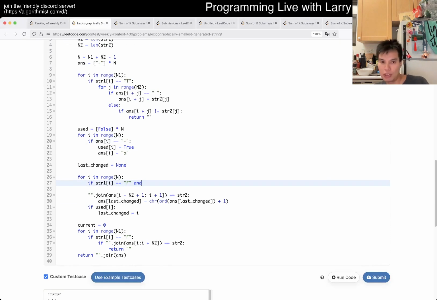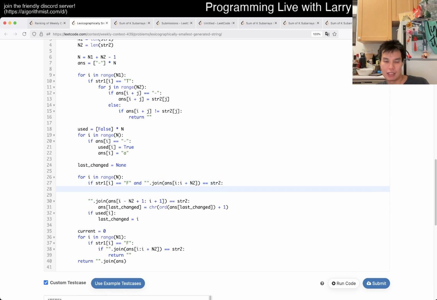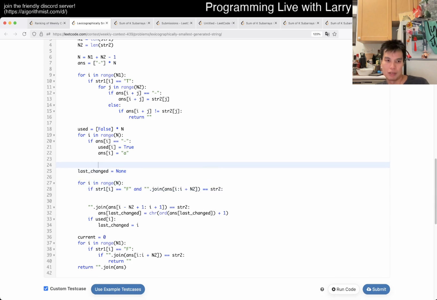Okay, so it's false, then that means that from answer sub i to i plus n2, if this is equal to a string, then we want to get the last change that's from i plus n2, right? So let's, okay.